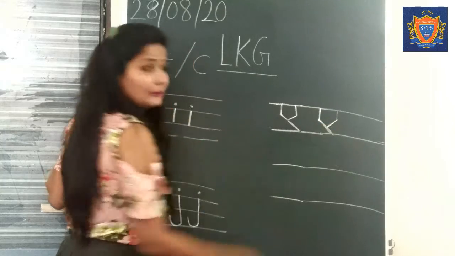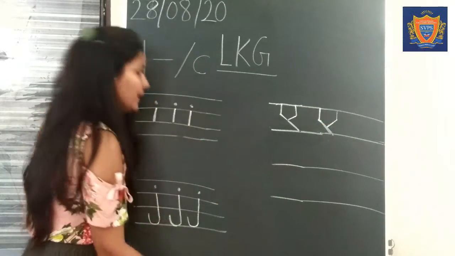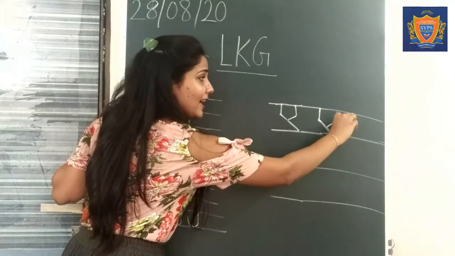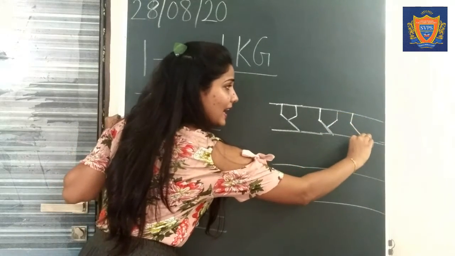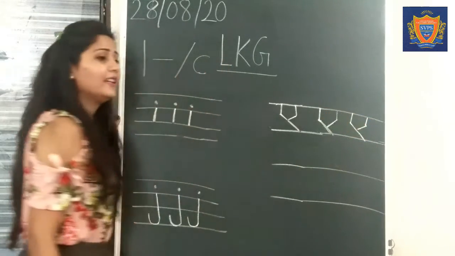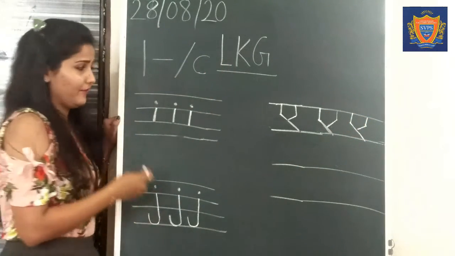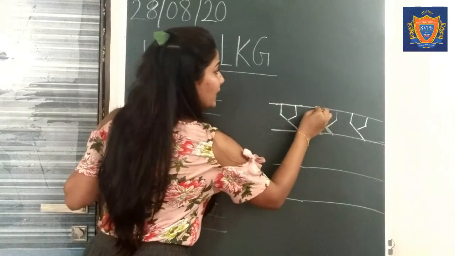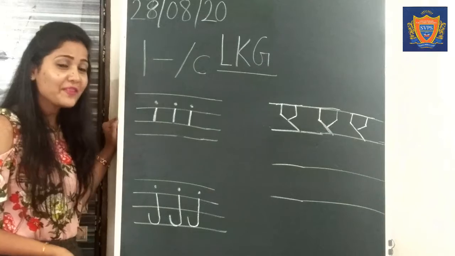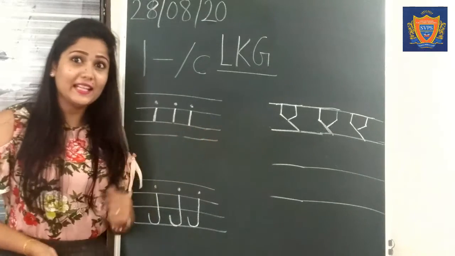Don't cross it. Now one more time. Repeat after me. Standing line, slant line. Standing line, slant line. A, A, Ka. And don't forget to draw the chhat first.